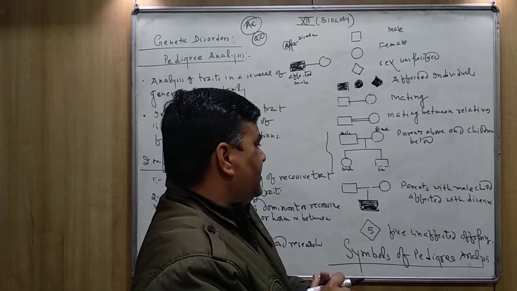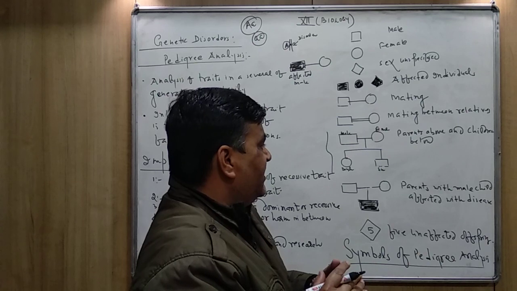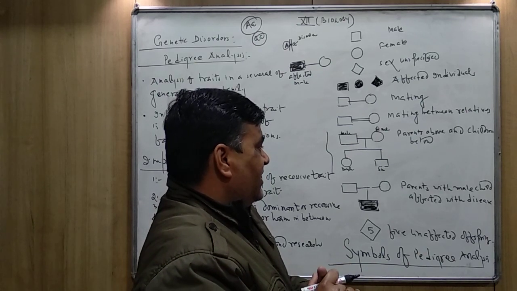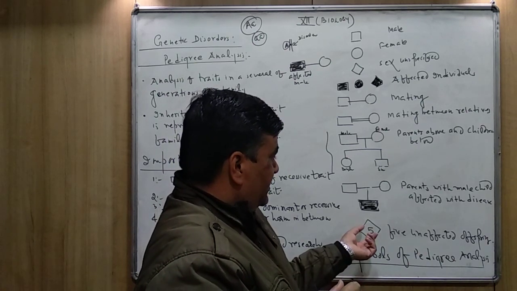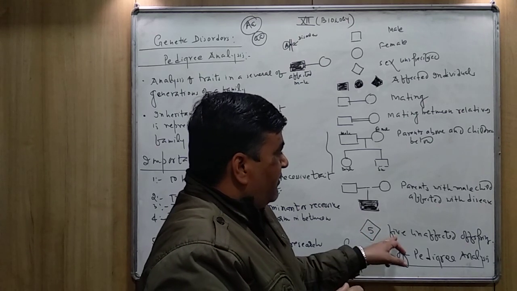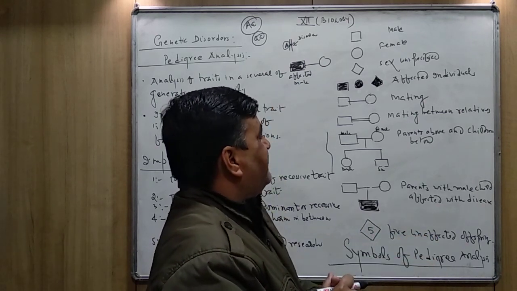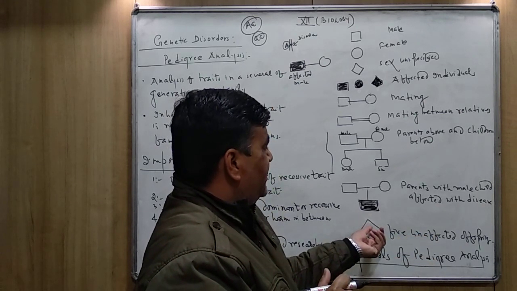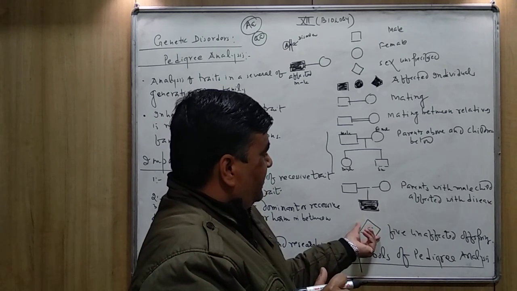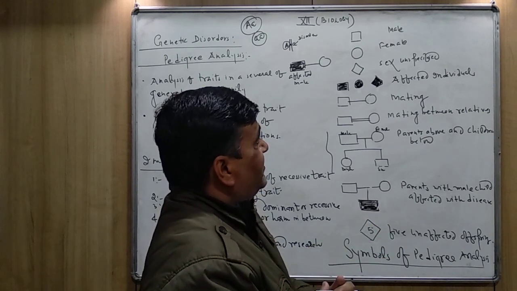And the last one, the 5, it has been written: if at one time you wish to give the symbol for 5 unaffected offspring, I have written 5.